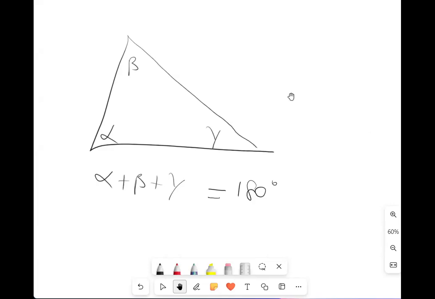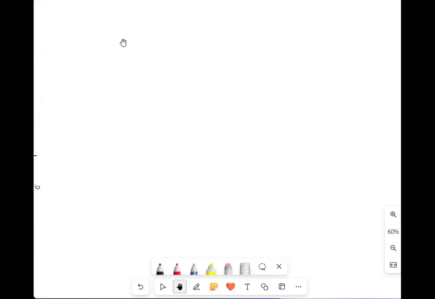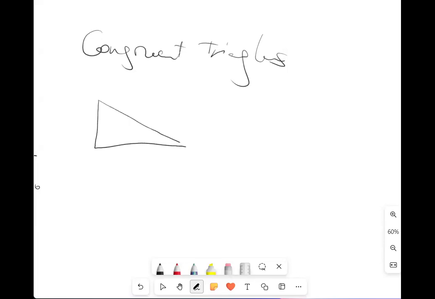You'll hear of another theorem in connection with triangles. You'll hear of congruent triangles. When two triangles are congruent, it means that, let's say you have a triangle and another one here, this one has to be the same size, the exact same size.